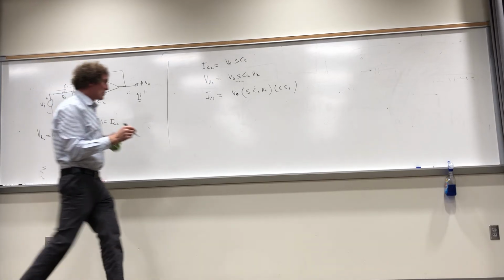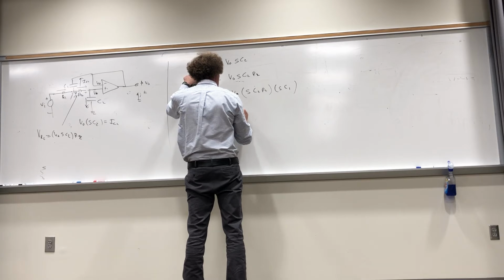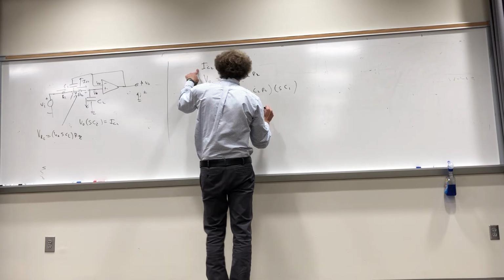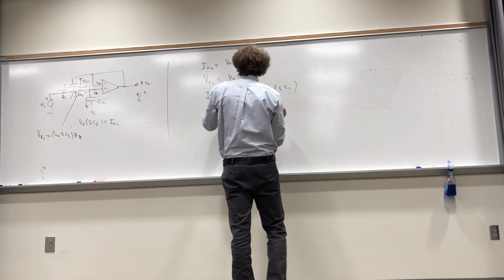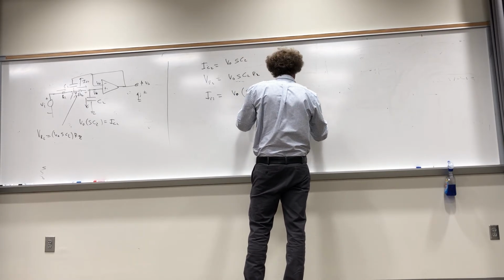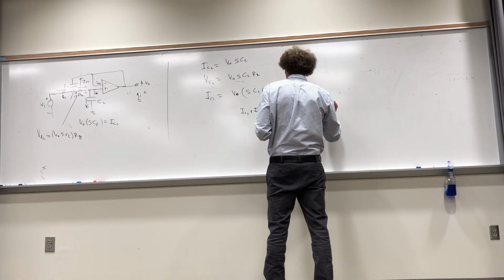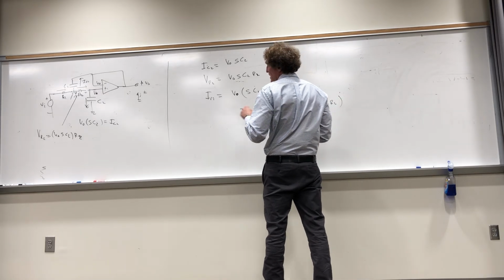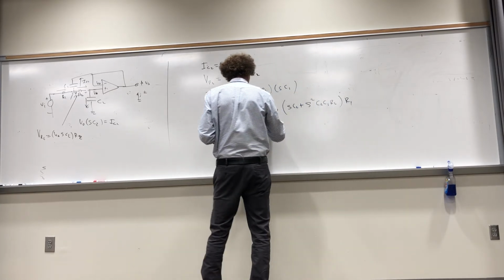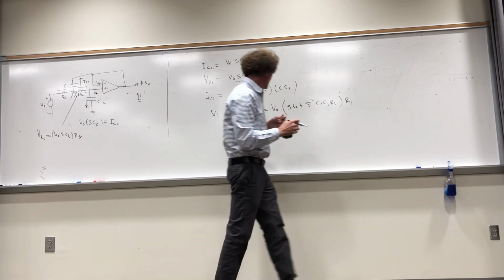So that means the total current going through there is the sum of these two, and I can factor the V naught out in front, so I can say IC1 plus IC2 would be equal to V naught, comes out in front, and then I got SC2 plus S squared times C2, C1, R2, and then it's times R1, and that's equal to Vn. Do you agree with me, class?